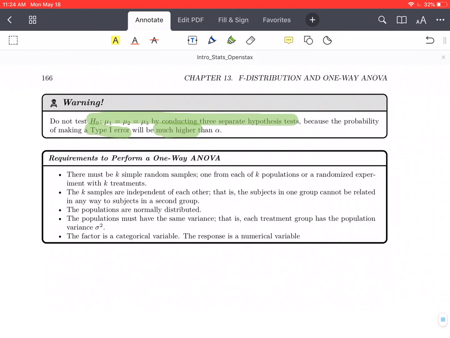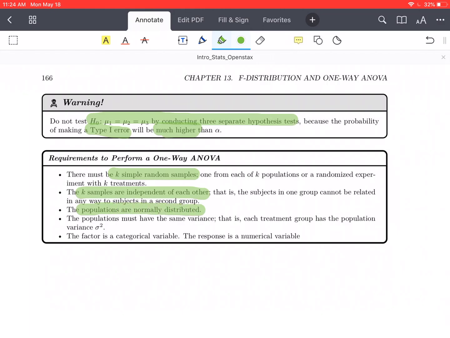So a few requirements to perform a one-way ANOVA. There must be k simple random samples, one from each of the k populations, or a randomized experiment with k treatments. The k samples are independent of each other, so subjects in one group cannot be related in any way to the subjects of another group. The populations are normally distributed.